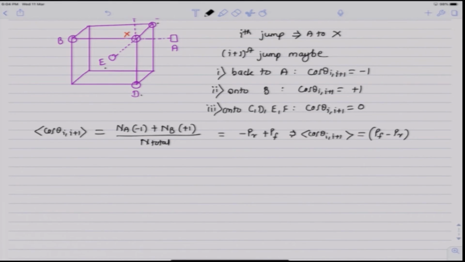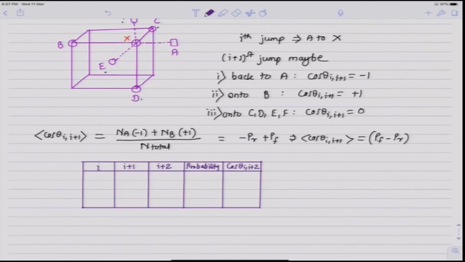Now, let us consider the combination of the ith and I plus second jump. For that, we need to consider all the sequences of I plus 1 and I plus 2, because the I plus 2 jump will depend upon the I plus first as well as the ith jump. So, let us consider this table here. Let us denote the jump of x from left to right by a right arrow and from right to left by a left arrow.